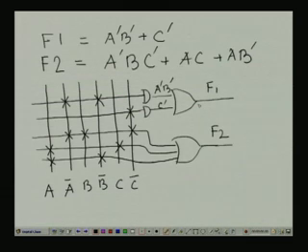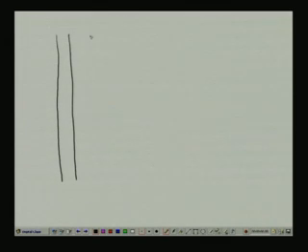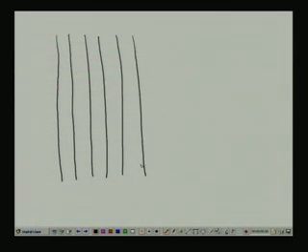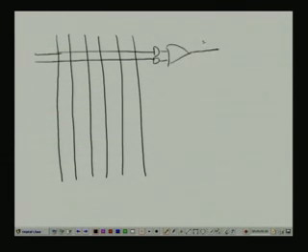If we draw again, earlier we had 3 input variables, and from there we have realized F1.